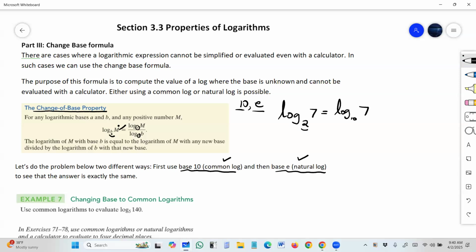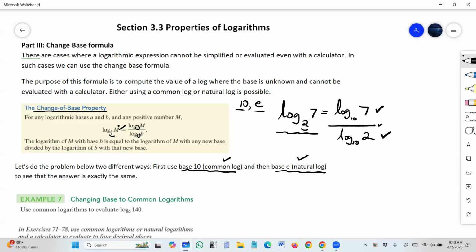Log base 10 of 7 divided by log base 10 of 2. Now, I can do this with the calculator, and I certainly can do the division with the calculator. So this becomes a doable problem, whereas this, not so much.